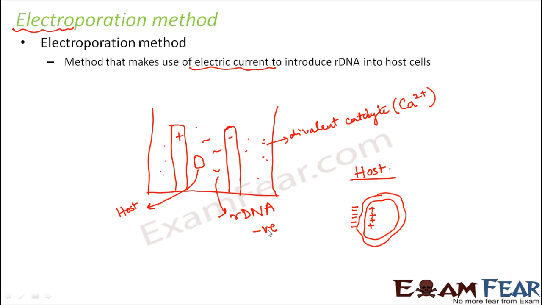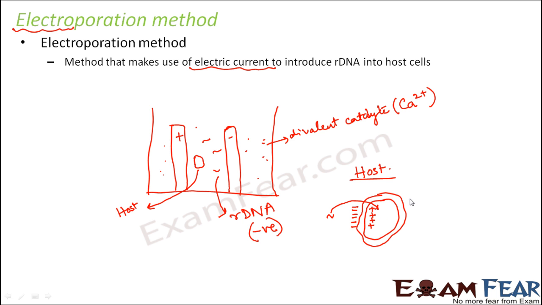We all know that DNA is negatively charged due to the presence of the negative phosphate ions. Being negatively charged and currently outside, it will get attracted towards the positive charge, and positive charge is present towards the inner side of the cell membrane. As a result, the particle will tend to get inside. So as a result of this potential difference, the host will take up the recombinant DNA.